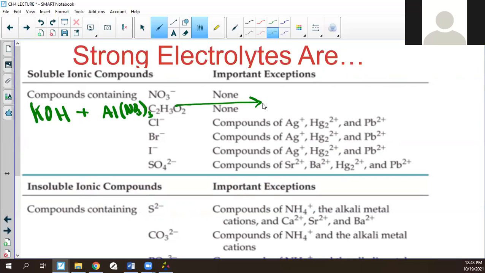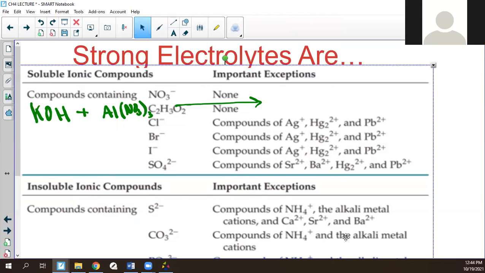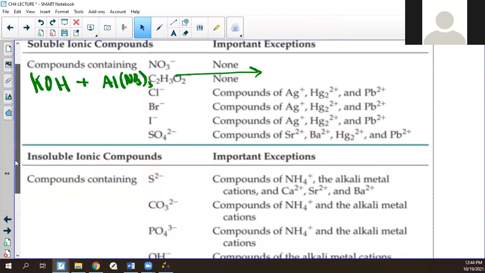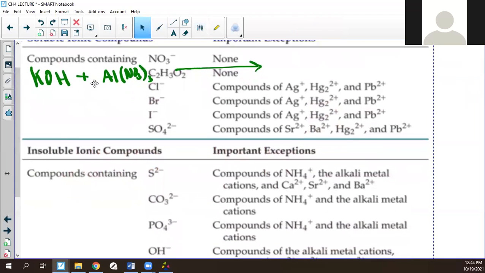Let's see what you got. So potassium hydroxide. This was really bad writing, I realized, because OH is off the screen. Hold on, let me shrink this part down. Well, I can get them both on there.